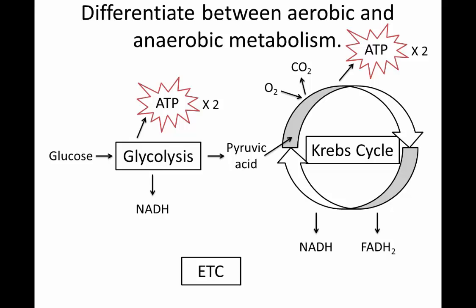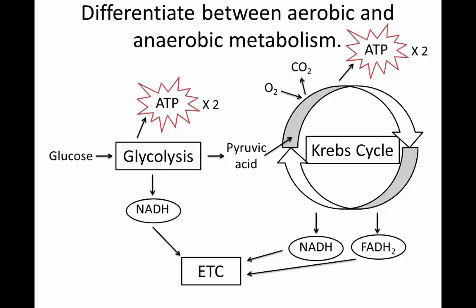So our next step here is that the NADH and the FADH2 produced along the various steps here will actually go through a series of reactions that are produced by enzymes that are in the inner membrane of the mitochondria. And the electron transport chain takes these reactants, the NADH and the FADH2, and uses oxygen as a reactant as well, and produces water as a product.